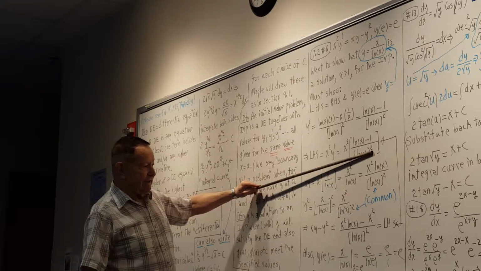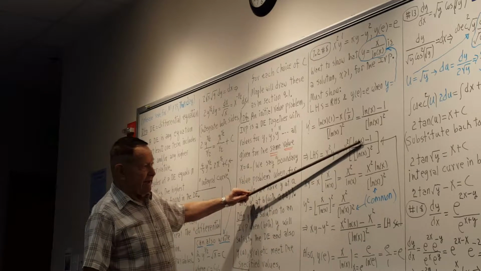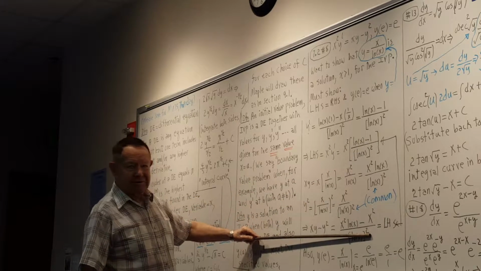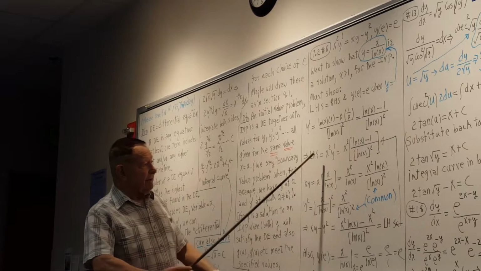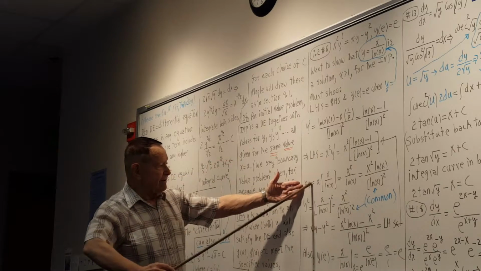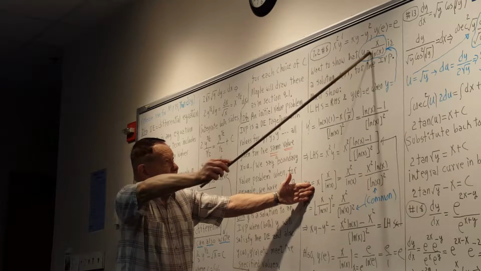So getting a common denominator, you have x squared log x minus x squared on top and log squared. Meanwhile, if you look at your right-hand side, your xy, there's your x and then this is your y.